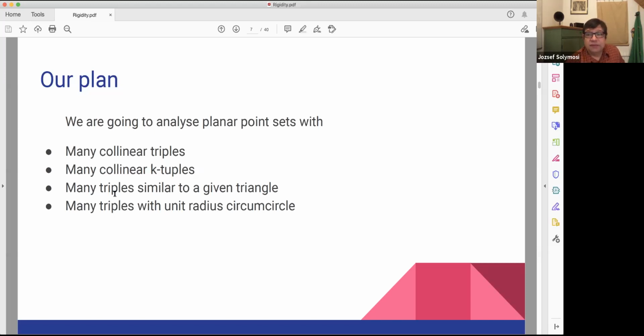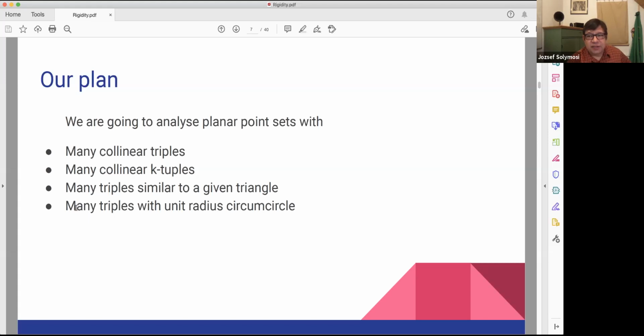So what can we say when you have many triangles? Here many means that there is a C such that if more than C times n squared such triangles are there, then there is some grid structure you can find. But under the C, you will see nothing. I will, of course, tell you more details on that.